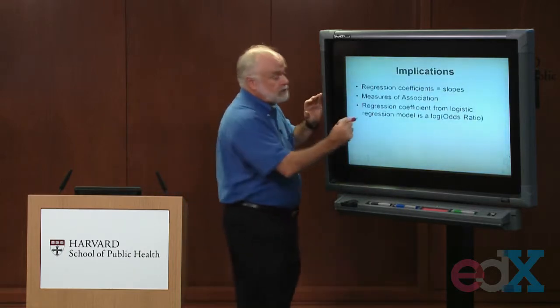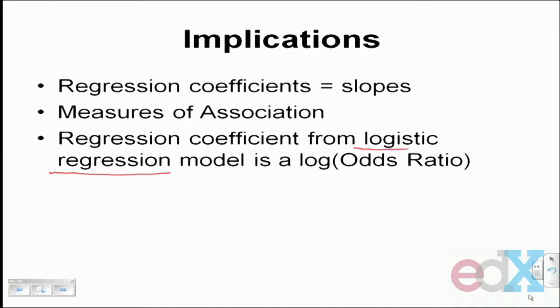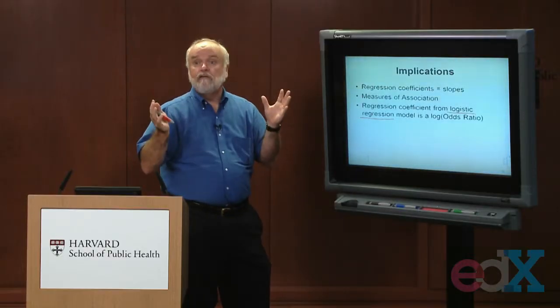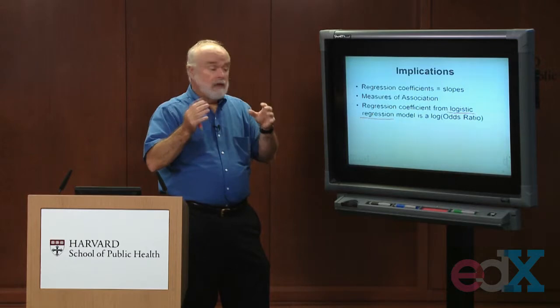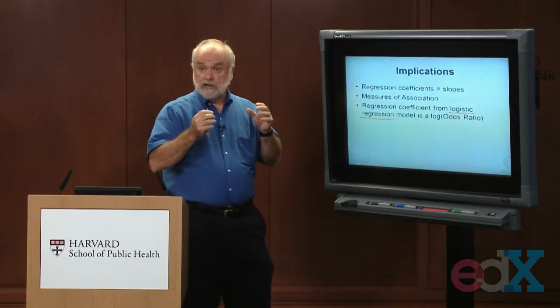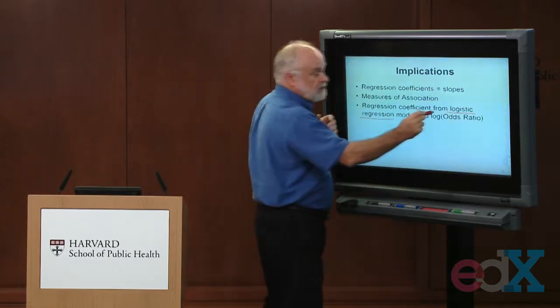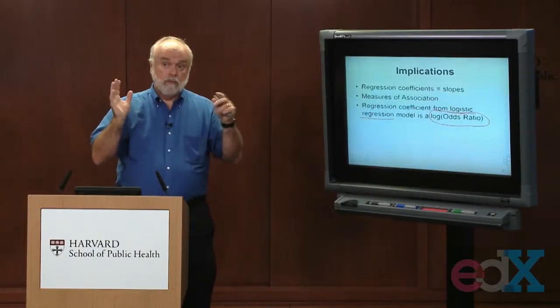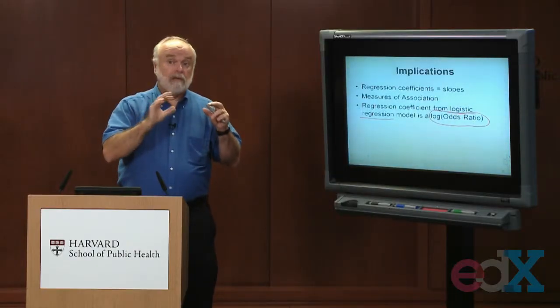When you're doing logistic regression, which we'll be doing at the end of this course, and you'll see this again at that point, Stata will do this for you. It will report your results as odds ratios because these regression coefficients have the nice interpretation for logistic regression as being log odds ratios. So more on logistic regression when we get to the end of this course, but just keep in mind right now that these regression coefficients are nice measures of association.